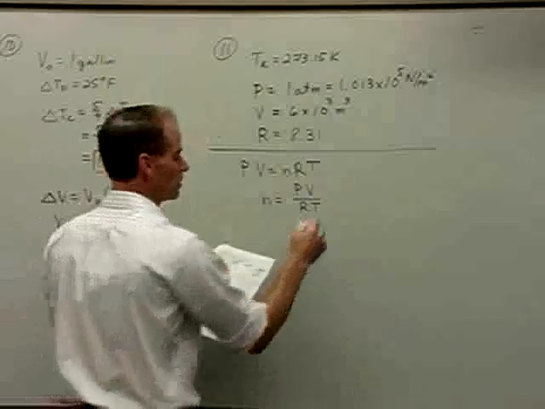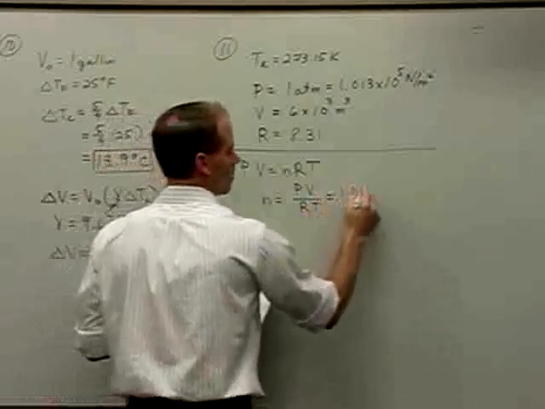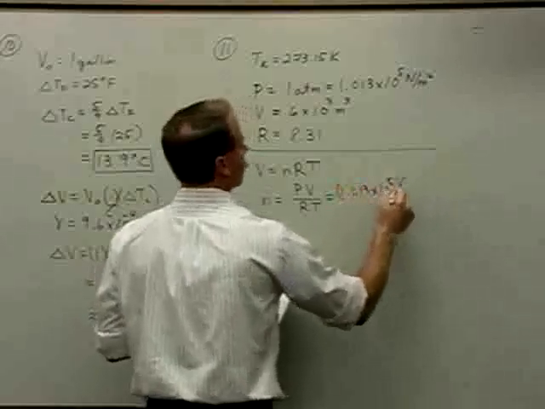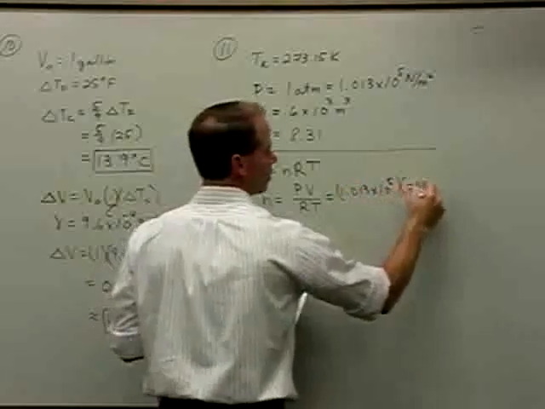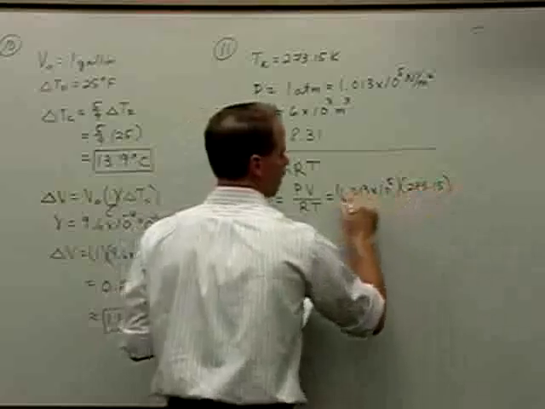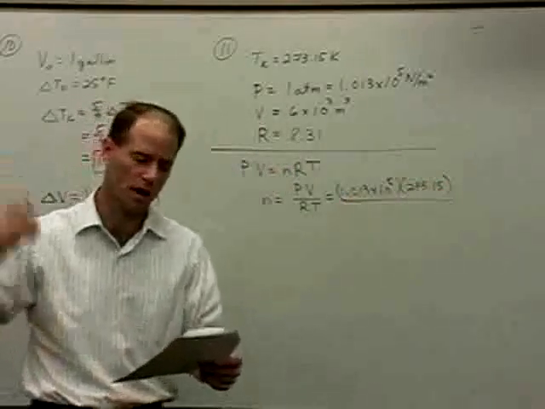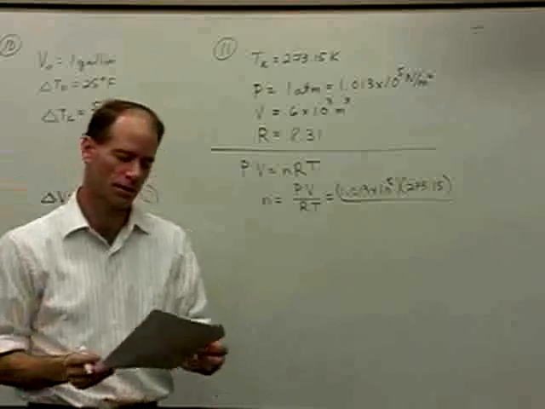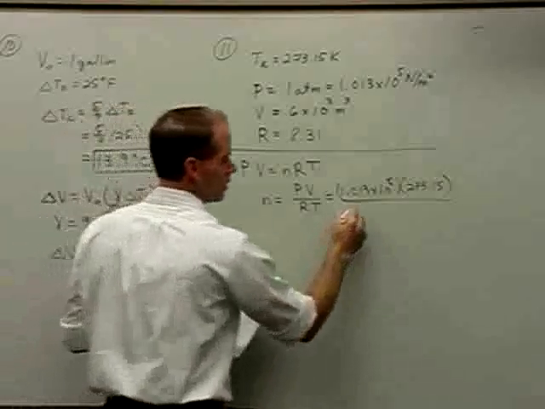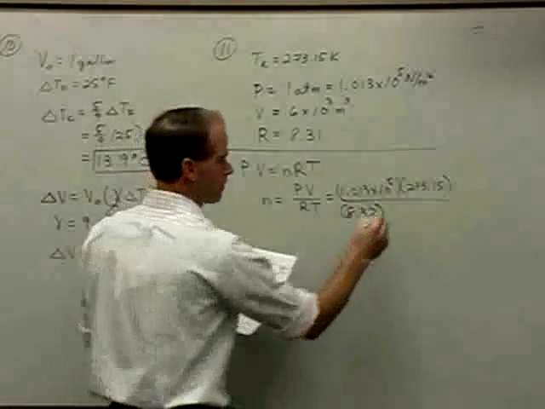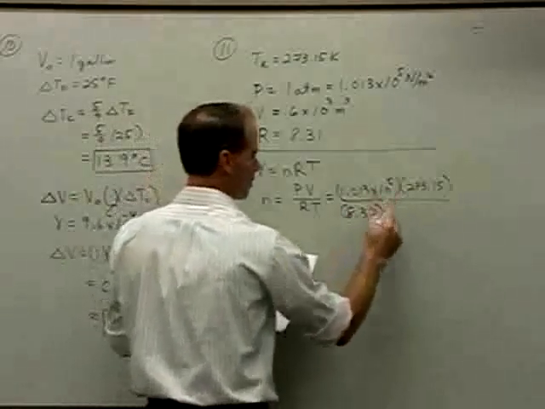Put in our numbers. We always want to use Kelvin when we're using these formulas, because Kelvin is the absolute scale; it starts from 0 and only goes positive from there. So that is our scale of choice. Oops, I put that in the wrong place.